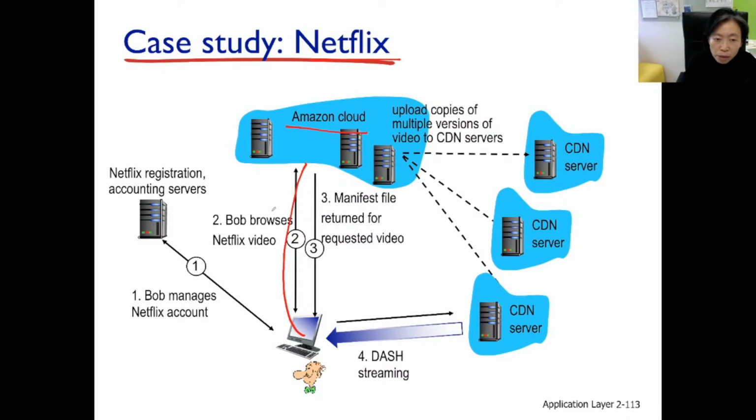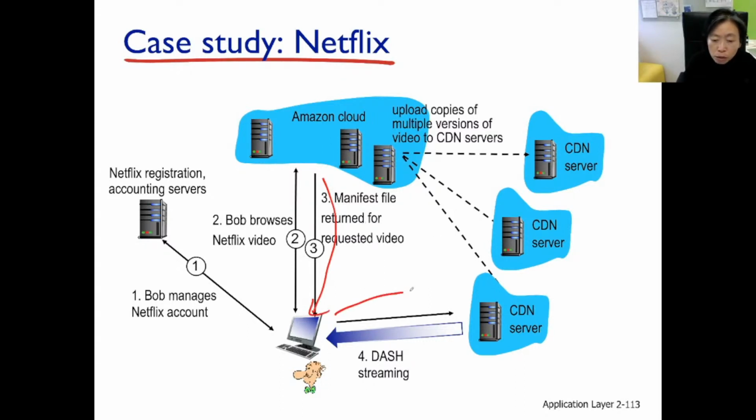So Bob here will be browsing what videos are available, okay, and ratings and how long the videos are, from the web servers Amazon has already set up. Now, once Bob has decided on watching a video, then in step 3, the manifest file of that video is returned back to Bob.